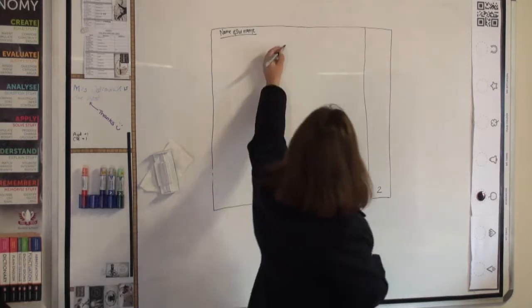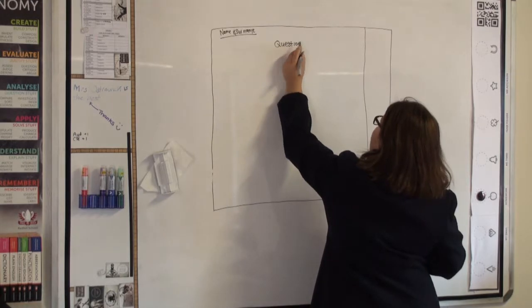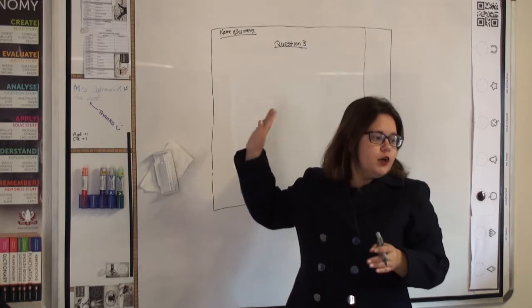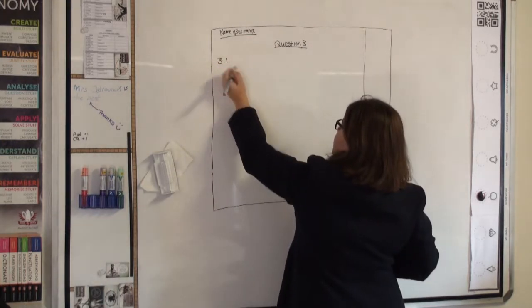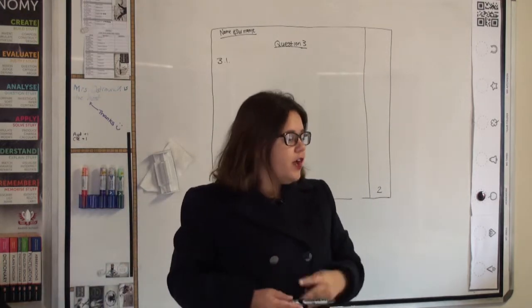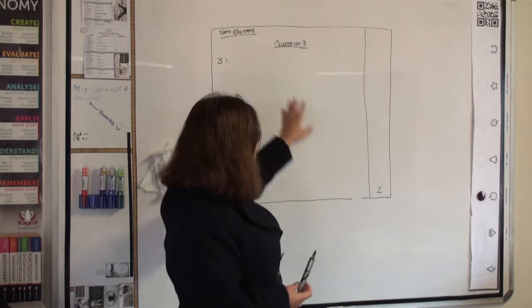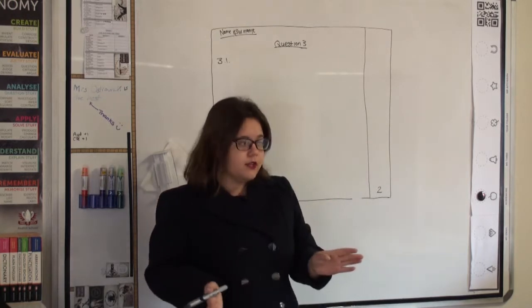So it might be a case of question 3, and then you write all your answers using the same format as I showed you in question 1. And then you just repeat your answers until the end. And that's it. So every subsequent page after page number 1 has this format. A margin on the right hand side, which you don't write in.